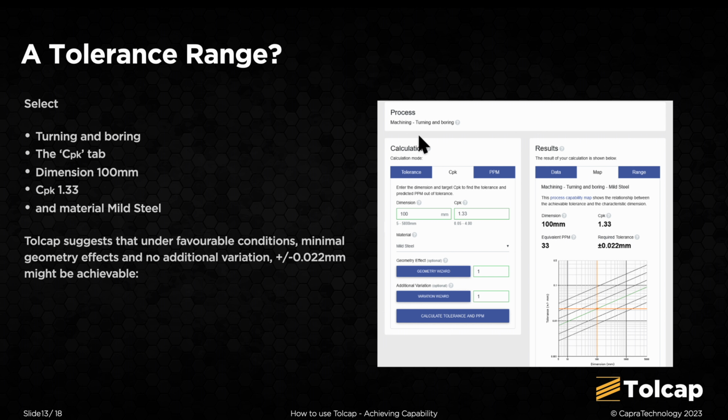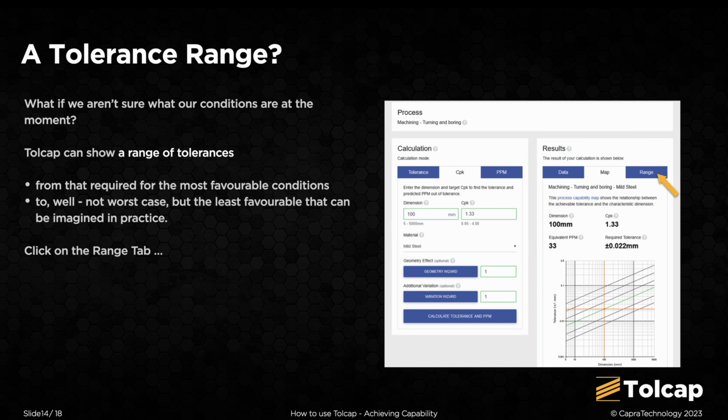So select Machining, Turning and Boring, the CPK tab, enter the dimension of 100 millimeters, CPK 1.33, select the material as mild steel, click Calculate, and Tolcap suggests that under favourable conditions, minimal geometry effects and no additional variation, plus or minus 0.022 millimeters might be achievable.